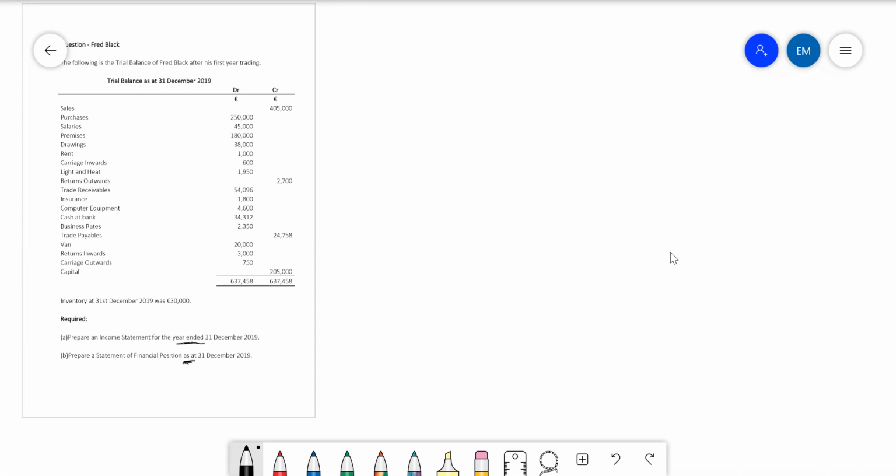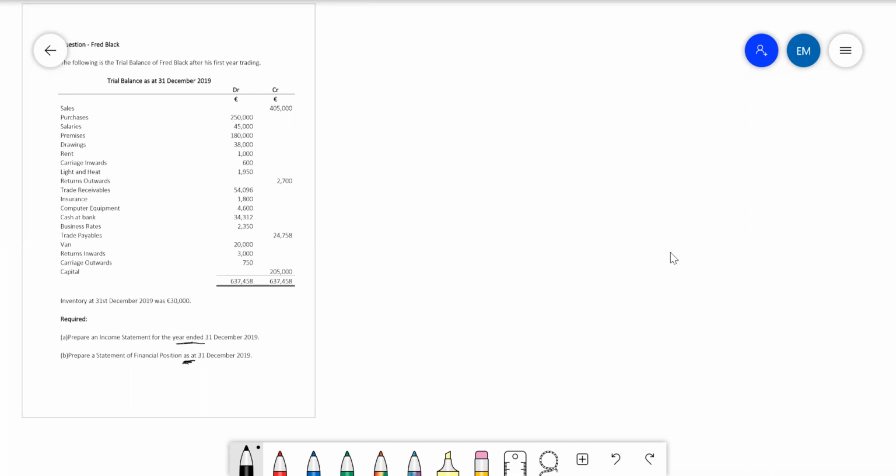My first piece of advice when you're doing financial statement questions is to pull out the template income statement and the template statement of financial position from the lecture notes and have them by your side. Secondly, before attempting the question, I'd go down through the trial balance and identify whether each account is an asset, a liability, or capital.